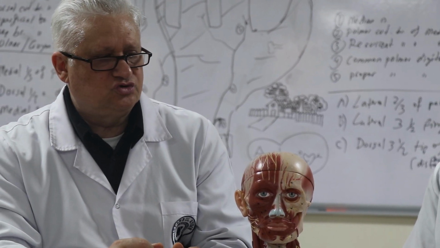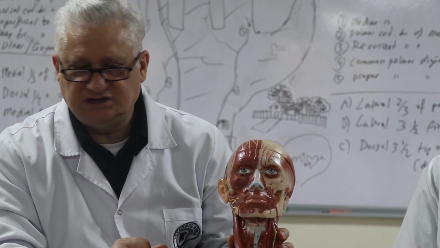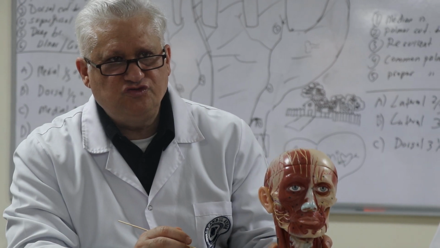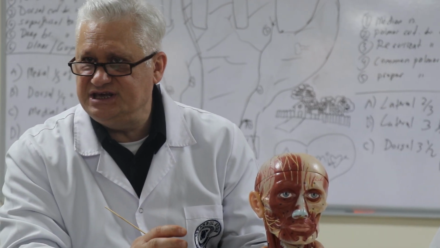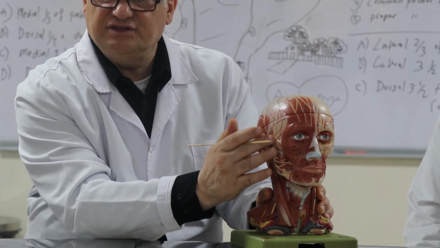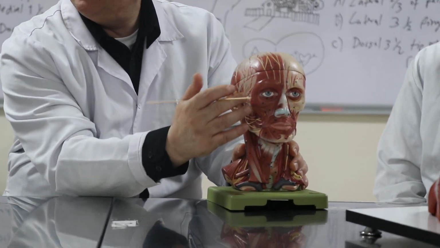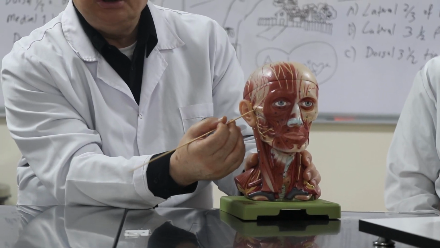So what nerve would be damaged? Okay, the facial nerve. Specifically, the temporal and zygomatic branches give branches that supply the orbicularis oculi muscle.